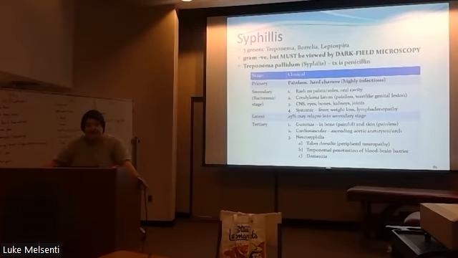Secondary syphilis is like a bacteremic stage. So this one you can have a rash on your palms and soles of your feet, similar to rickettsia. You can also have a rash in the oral cavity. Condyloma latum, that's that wart, right? Those warty genital warts.